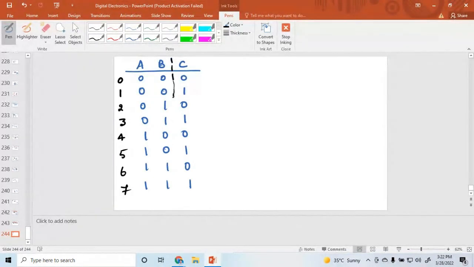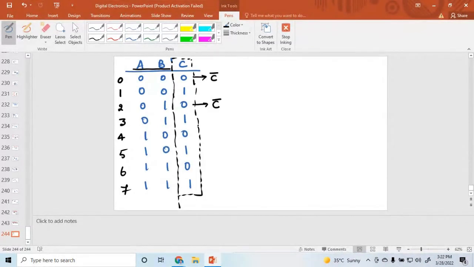Here it is given that A and B are the select lines. So what is the value of C? Only these values are free. What is the value at 0? You can simply write it as C bar. 0 is C bar.